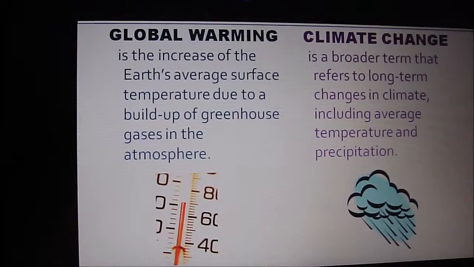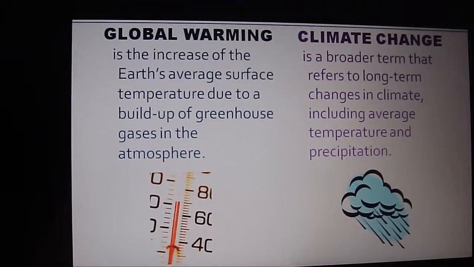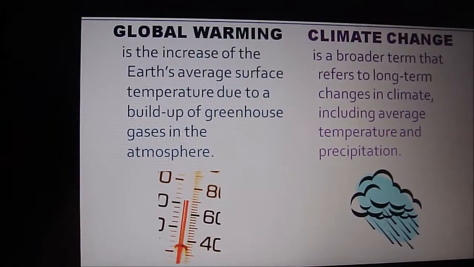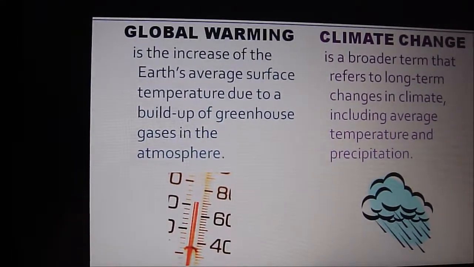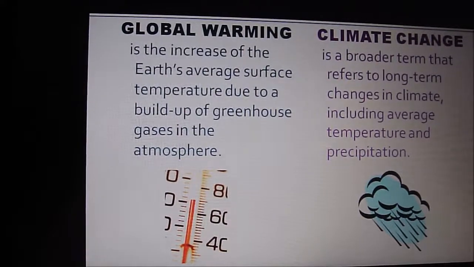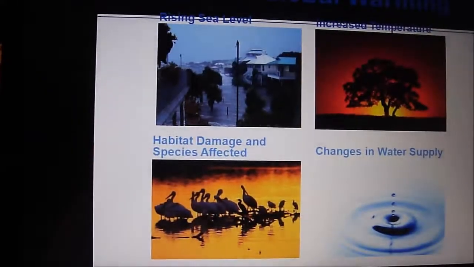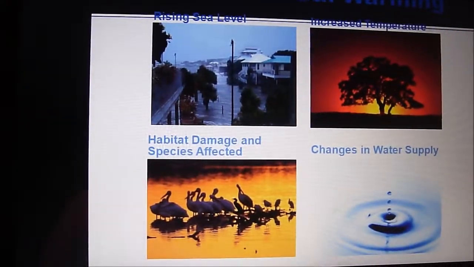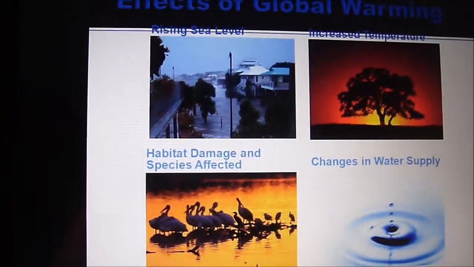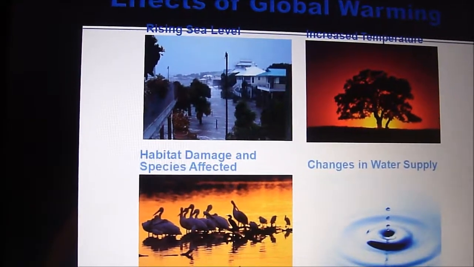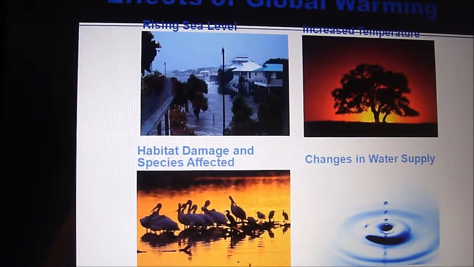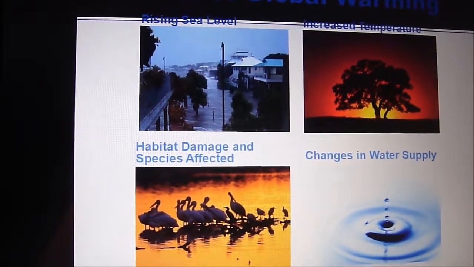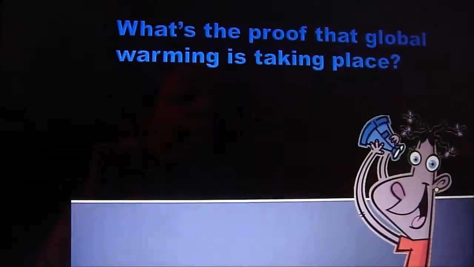Climate change is the broader term that refers to long-term changes in the climates, including average temperature and precipitation. Effects of global warming: raised sea level, increased temperature, habitat damage and species effect, change in water supply.